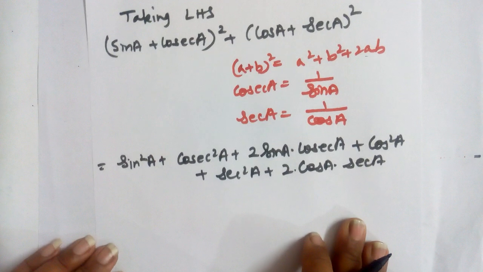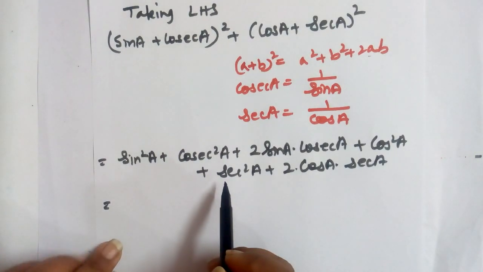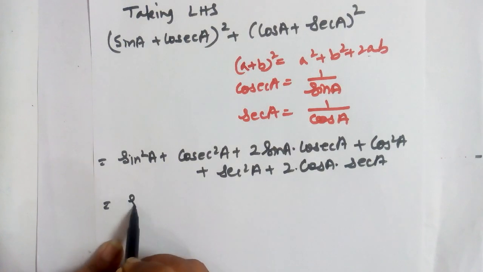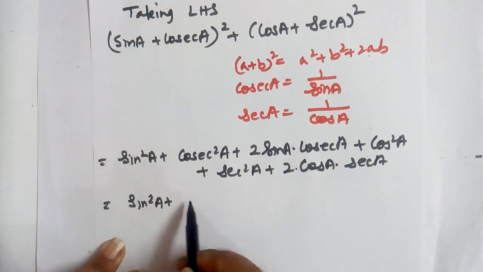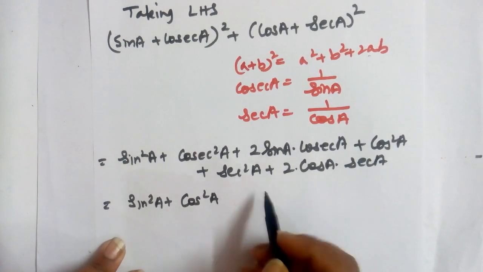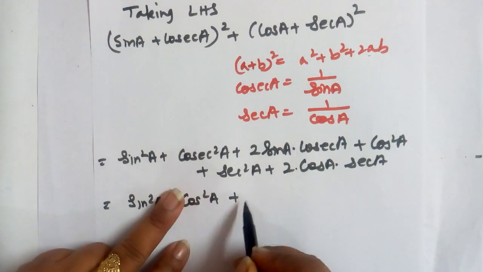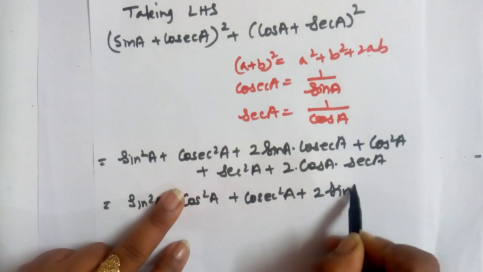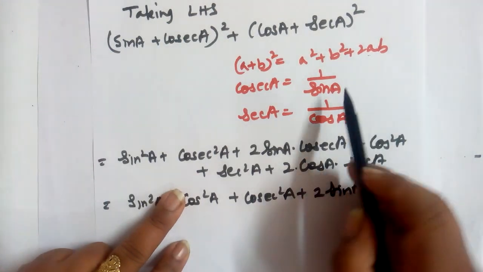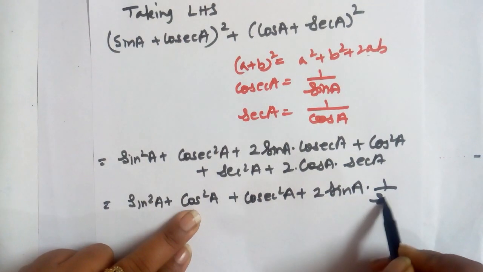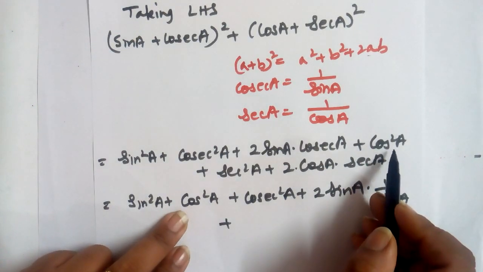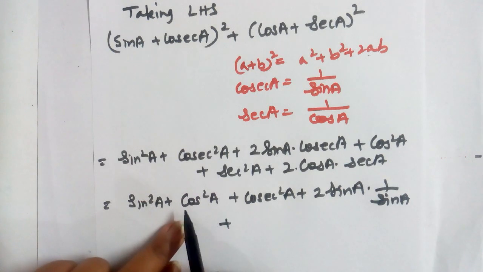Now we are arranging this: sin square a plus cos square a plus cosec square a plus 2 sin a into cosec a, where we write cosec a as 1 upon sin a, plus cos square a, which we have already written near this sin square a.